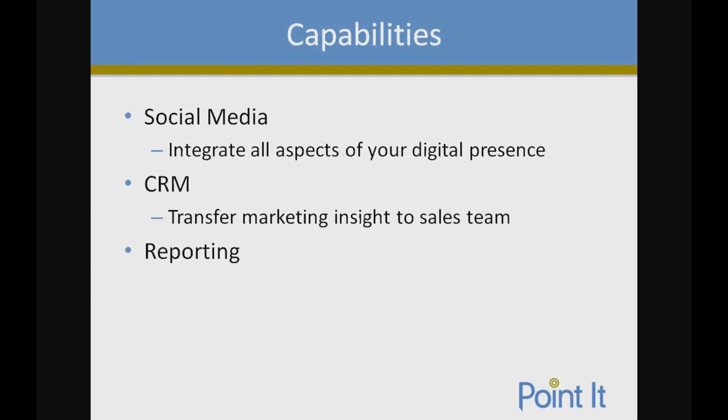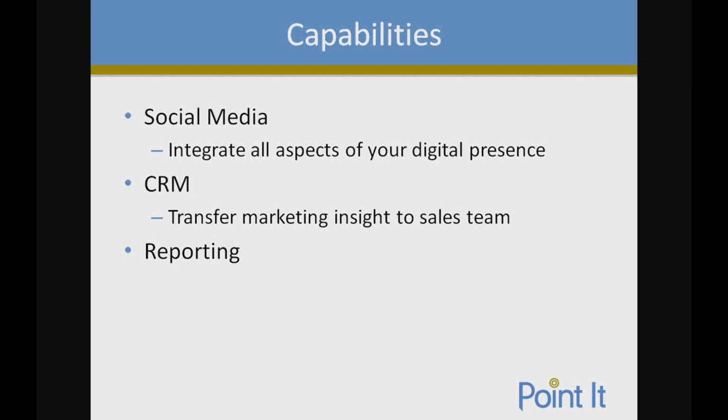Moving on to some additional capabilities, social media. Like I mentioned before, in 2012, many of these marketing automation platforms really started to integrate social media into the capabilities of their platform to help you integrate all the aspects of your digital presence into one platform. The capabilities of social media depend on the platform that you choose. At a minimum, you're able to help promote your content with social media, allow people to share content, share emails, share information.